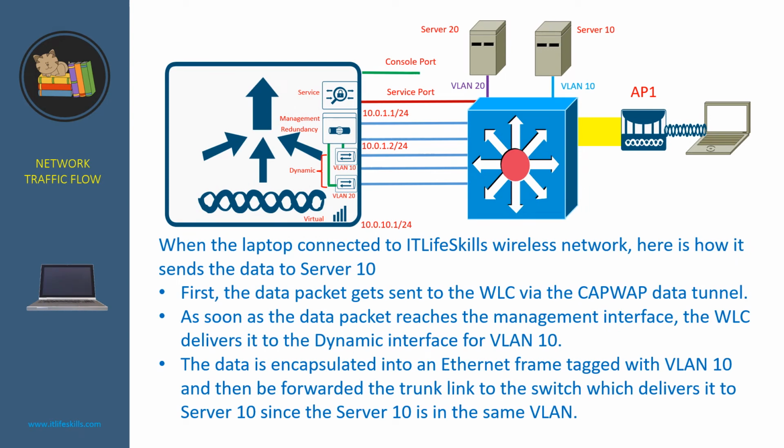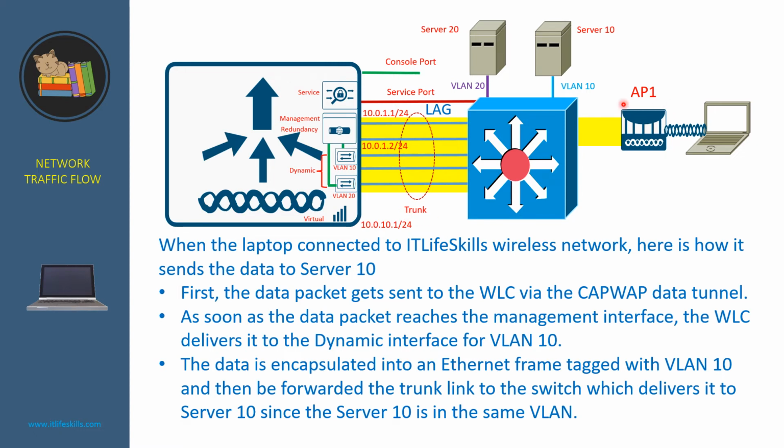Let's now analyze the network traffic flow on this diagram. First, we need to configure the distribution system ports as a link aggregation group and make it a trunk port.